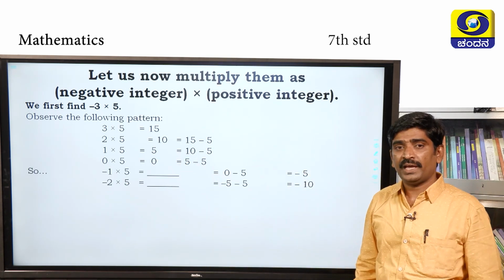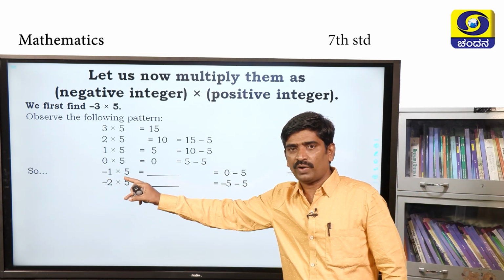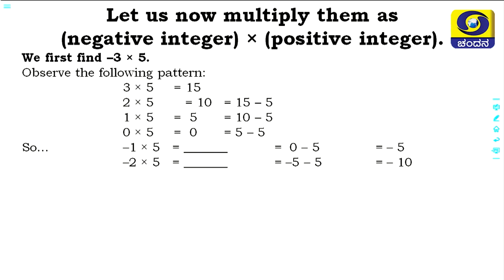Then similarly, minus 1 into 5. Here it is given as a dash, because we do not know the answer. What is the pattern here? Subtract 5 from the previous answer, that is 0 minus 5 is minus 5. What is the dash filled by? Minus 5, very good.